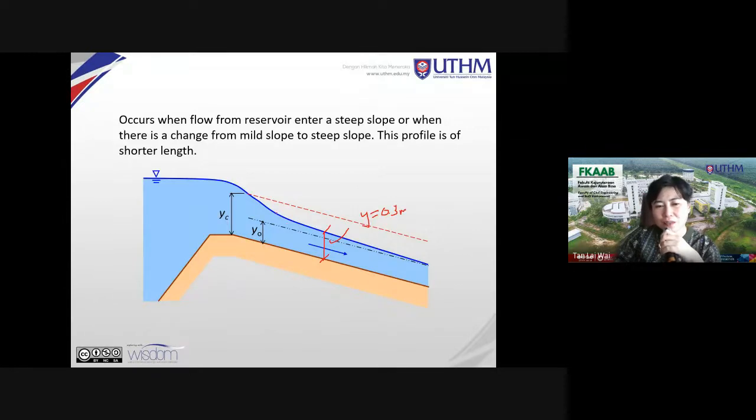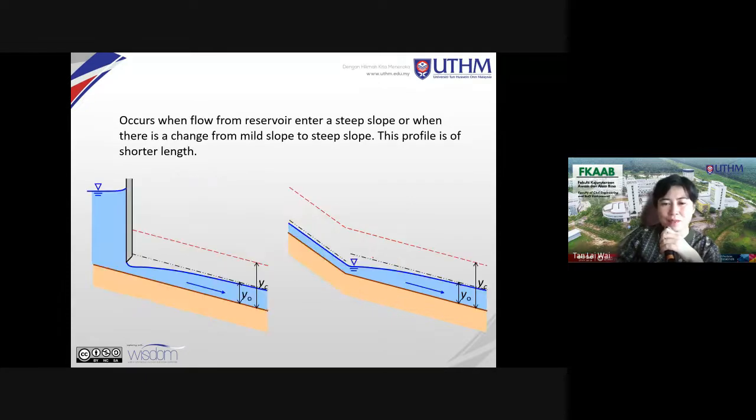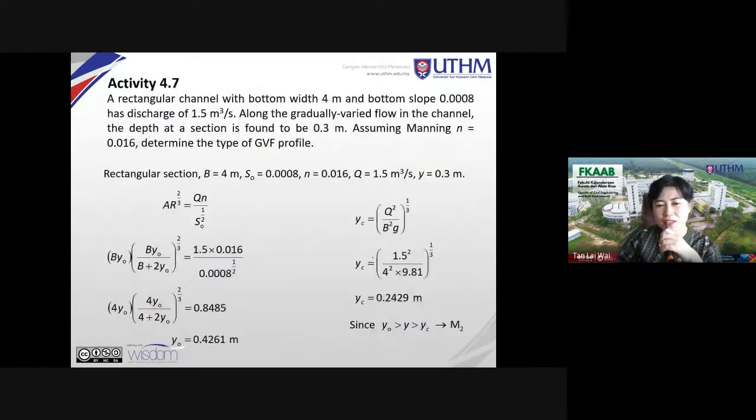It doesn't give you the range, right? It'll just give you one depth. All right, so let's go back. Assuming Manning n is 0.016. Find the type of gradually varied flow profile.